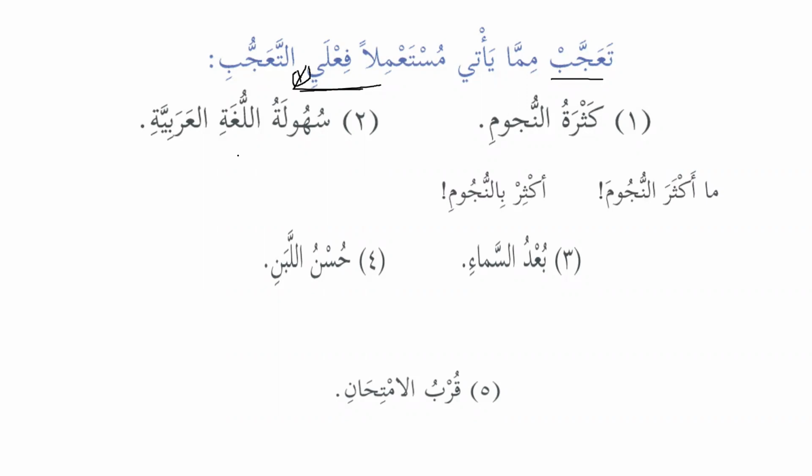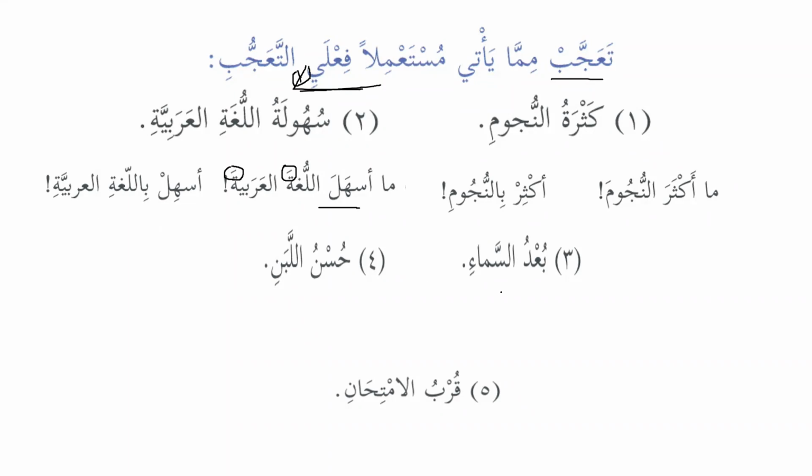Suhulatul lughat al-arabiyyati, Arabic language is very, very easy. So we will say ma ashala, right? Ma ashala al-lughat al-arabiyyata wa ashil bil lughat al-arabiyyati. So please remember that when we use ma ashala, then the noun that follows in the end will be mansub always. And af'il bihi, the noun will be majroor.